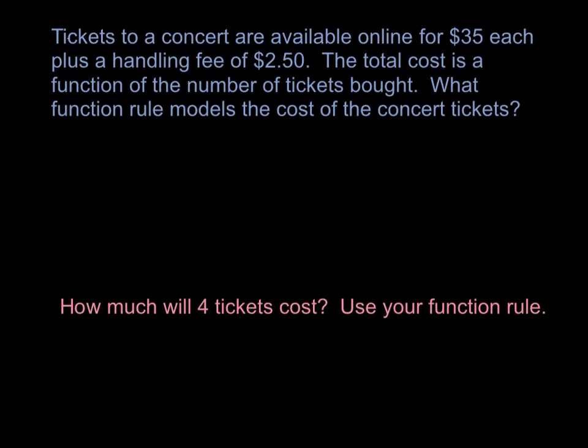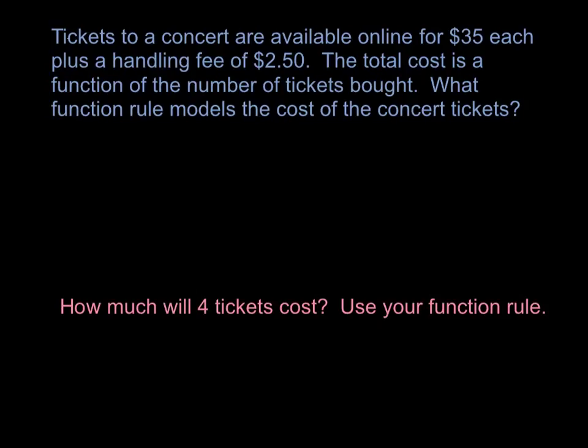All right, so now we're going to write our own function. Tickets to a concert are available online for $35 each, plus a handling fee of $2.50. So imagine that we're taking you all to Chanhassen, and the cost of a ticket is $35 per student, but then we also get charged $2.50 to get all of our tickets sent to us. So the handling fee of $2.50 is a one-time fee.